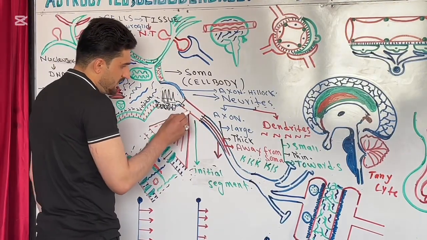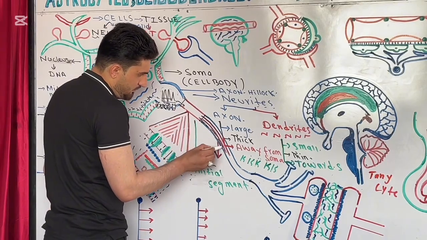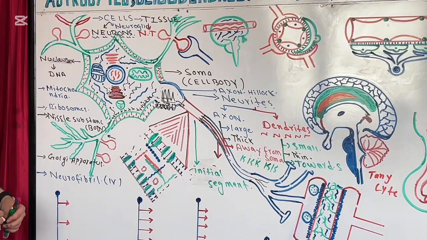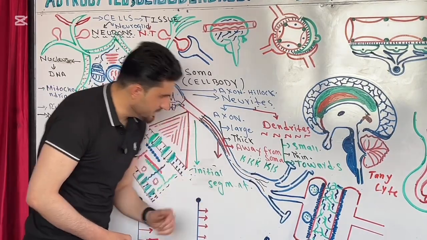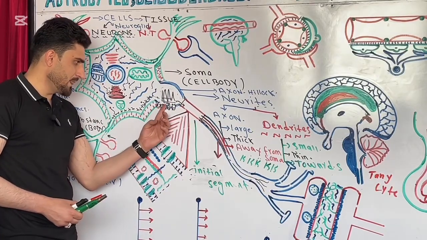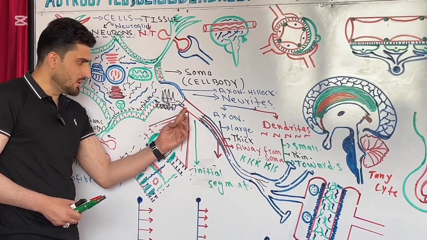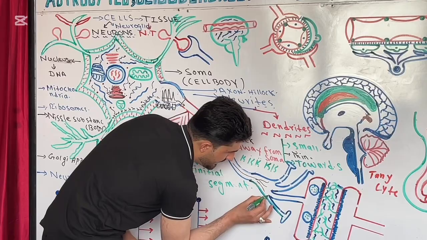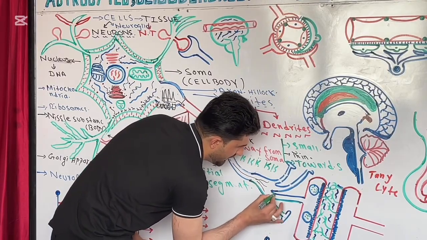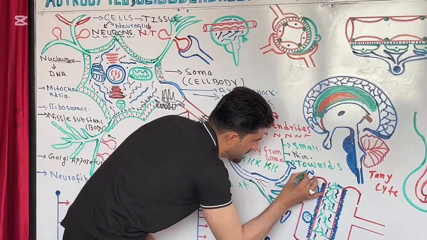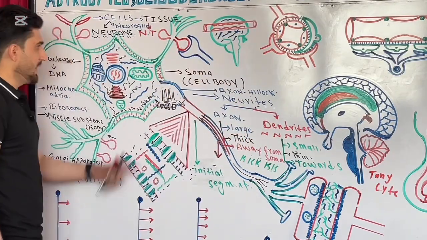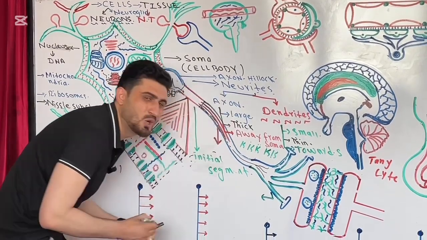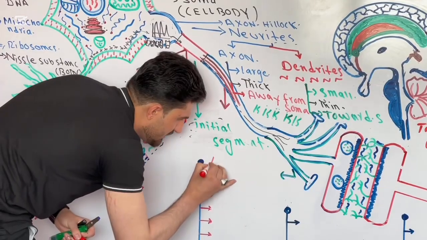After generating this action potential, it goes further to the end part of the axon. Now let me talk about other parts of this axon. One is the axon hillock, another was the initial segment, and next, at the end, this axon makes some branches, like dendrites.